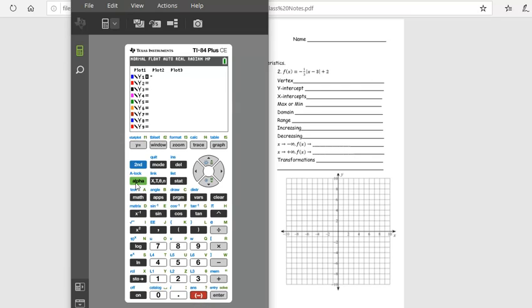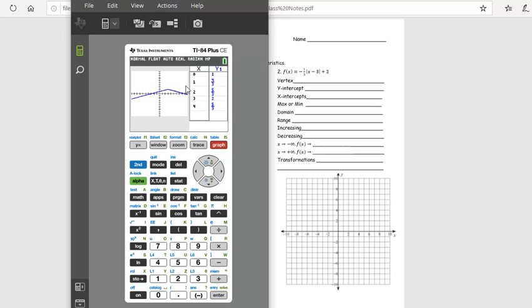To enter a fraction, you can choose alpha y equals, enter, and then you can put in your fraction, 1/3. To enter your absolute values, go to Math, go to the second column, and choose option 1. We're going to put x minus 3 inside, and we'll put the positive 2 on the outside.